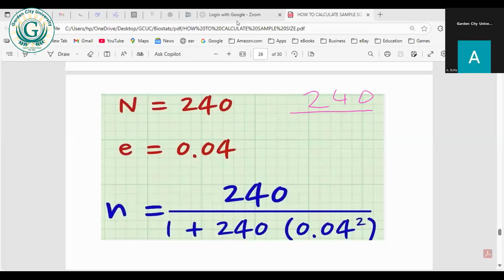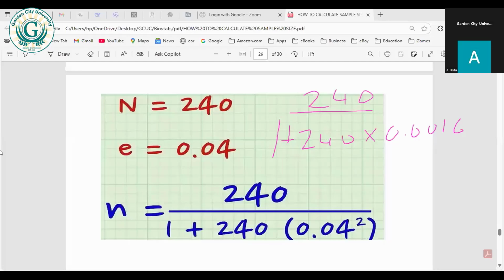Okay, so it means that we have 1 plus 240 multiplied by, you said 0.04 squared is what? 0.0016, right? Yes, please.